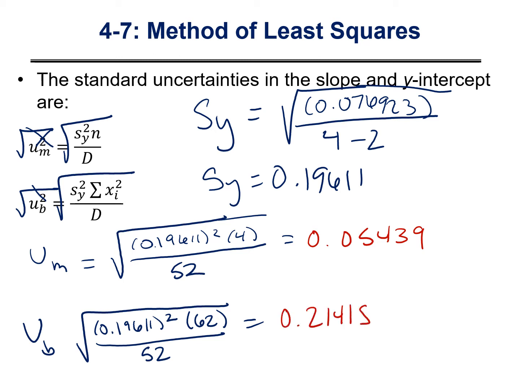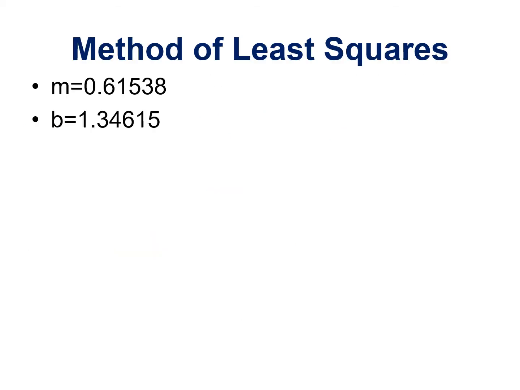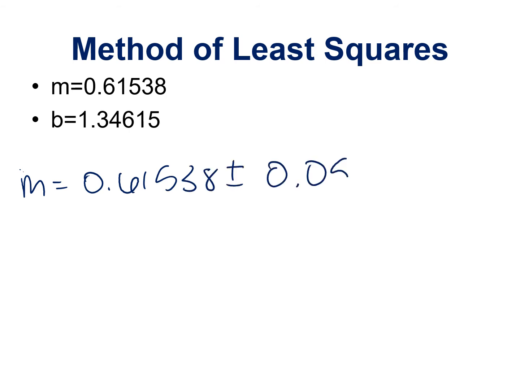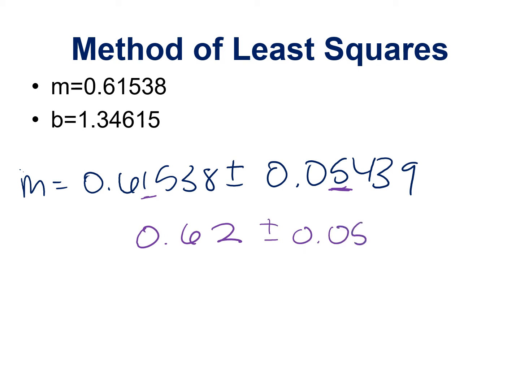So now let's write this with everything included. So here's our slope and our y-intercept. Let's include the uncertainties. So our slope's going to be plus or minus 0.05439. So if I was to use the rule of significant figures, I would say this is going to match up with here, 0.6. I'm going to round up and then keep that as 0.05.